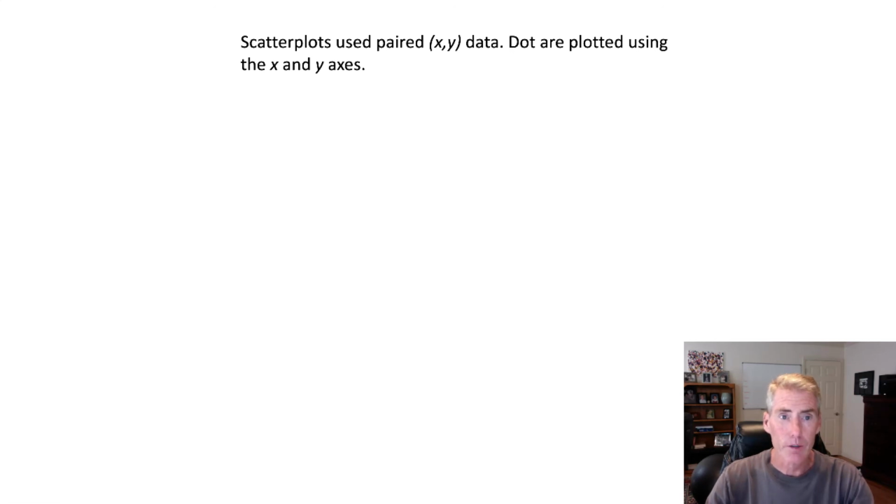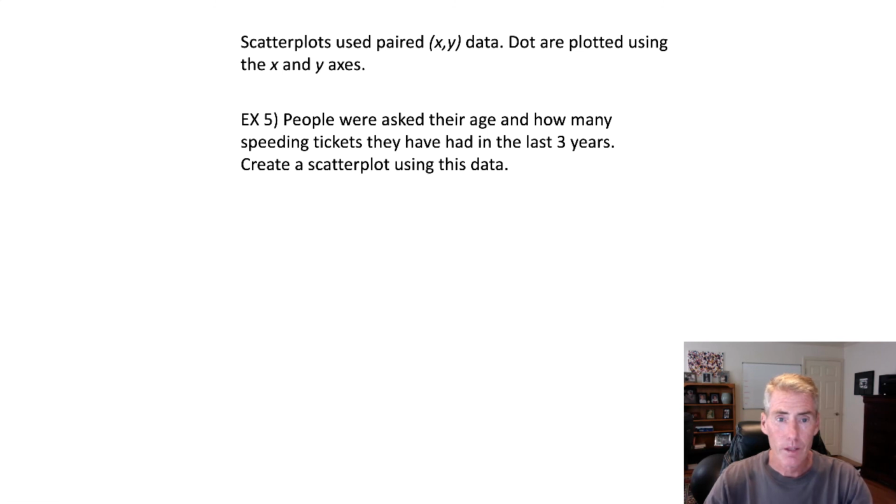Next, a scatter plot. This is just like in algebra. When you have an x and a y, you draw the x-axis and the y-axis, and then you plot the points. People were asked their age and how many speeding tickets they had in the last 3 years.